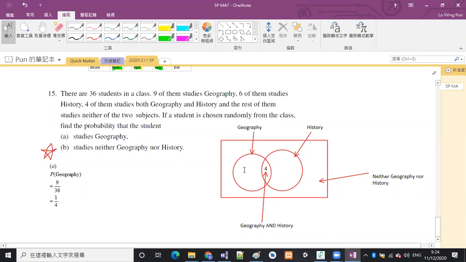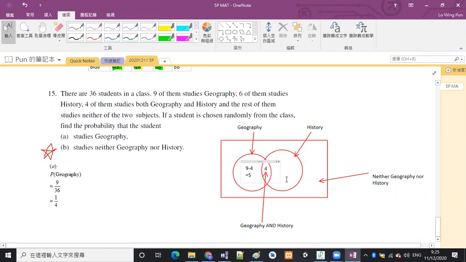And then, how about the students that studies only geography? 嗱，呢度小心啲喎。我一想講咧就係呢個月亮呢個形狀啊，即係咧讀 geography，不過咧我哋要唔包同時間讀兩科嘅同學。OK，我哋知道有9個人有讀 geography 嘅，但係呢9個人裏邊咧係咪包埋嗰4個又讀 geography 又讀 history 嘅同學？咁所以咧，我哋淨係想揾呢一格嘅話咧，淨係 geography 嘅話咧，就應該係9減4，即係5個啦。Can you get this?